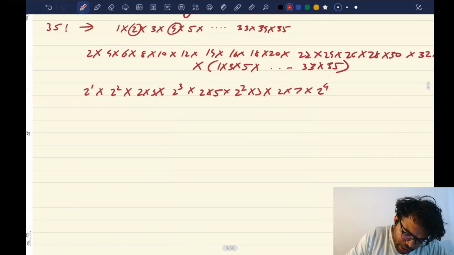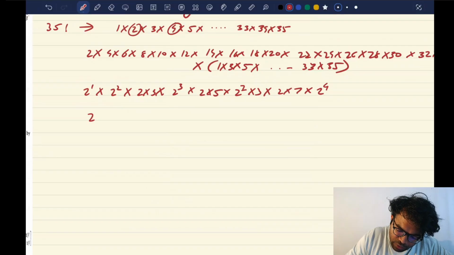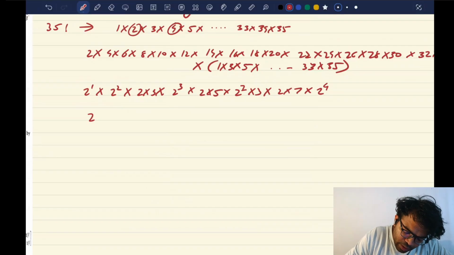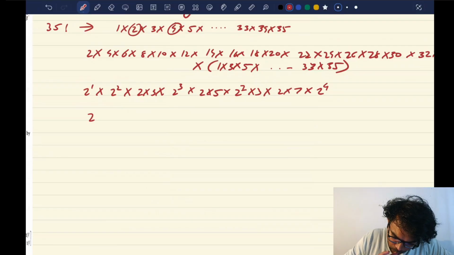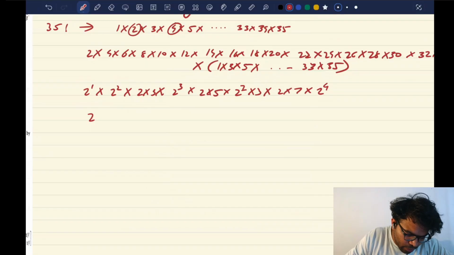So this can be written as 2 to the power of 1 into, this will be 2 to the power of 3, 4, 5, 6, 7, 8, 9, 10, 11, 12, 13, 14, 15. So 2 to the power of 14.